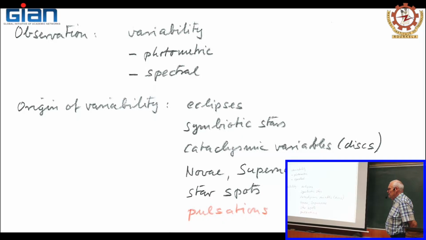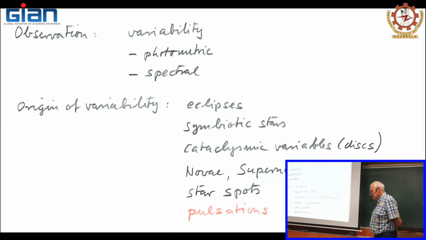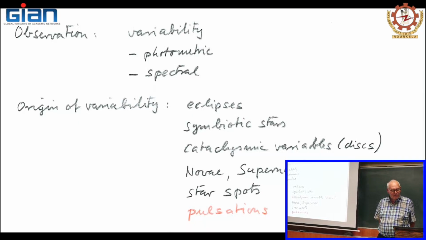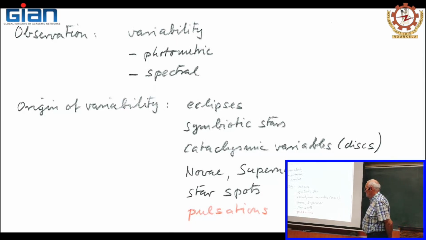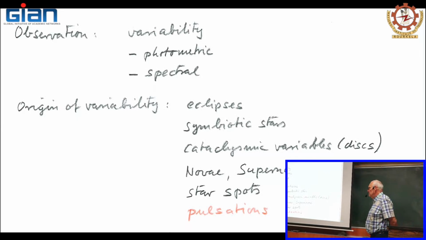Another variability arises when, in a binary system, one component sheds mass on its companion, and this gas streaming from one companion to the other forms an accretion disk. In this case, we also have a variability which is usually termed cataclysmic variables.